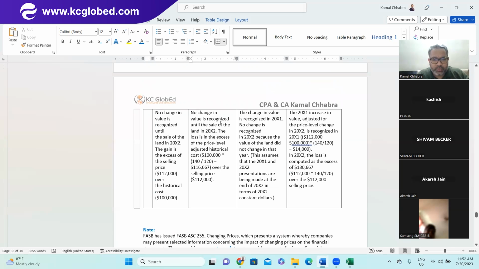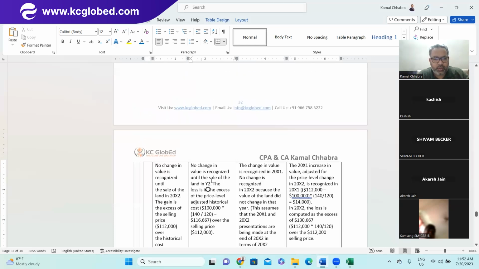There is no change in the value recognized until the sale of the land in year 2 is made. The loss is in excess of the price level adjusted historical cost, which is $100,000 multiplied by 140 divided by 120, which is 116,667, over the selling price of 112,000.